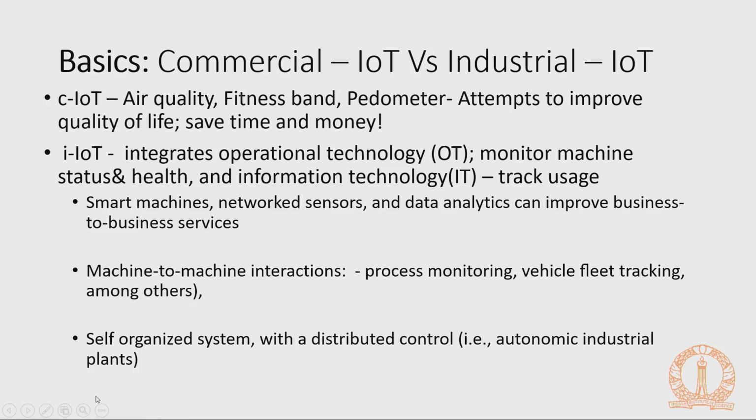Good thing about the industrial part is that they are self organized systems with distributed control, essentially autonomic industrial plants. The networks which are used there are essentially self organized systems with all this control built into the networking infrastructure right then and there.